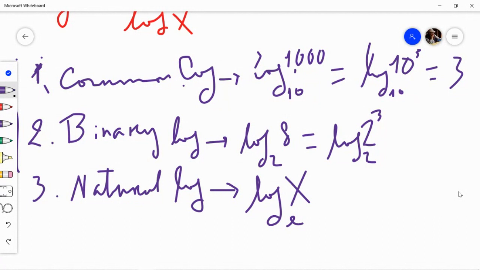As opposed to that, with natural log, you can take log of any number. It's continuous, basically. Binary log is for the time spectrum that is continuous time spectrum.